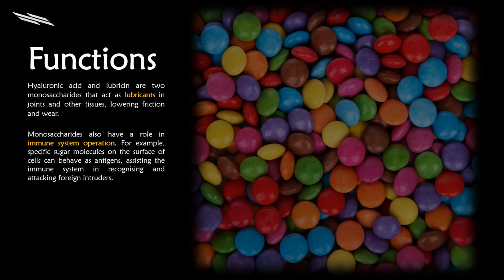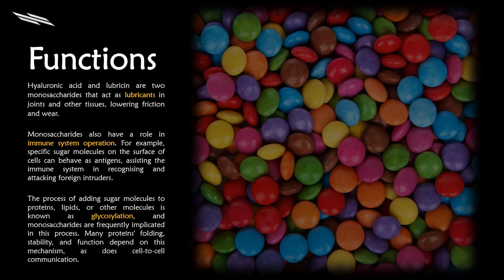For example, specific sugar molecules on the surface of cells can behave as antigens, assisting the immune system in recognizing and attacking foreign intruders. The process of adding sugar molecules to proteins, lipids, or other molecules is known as glycosylation, and monosaccharides are frequently implicated in this process. Many proteins' folding, stability, and function depend on this mechanism, as does cell-to-cell communication.